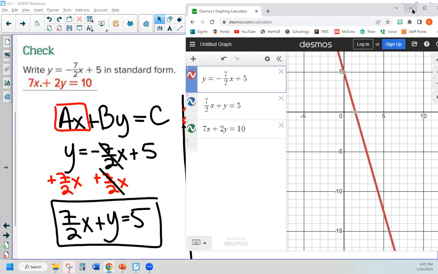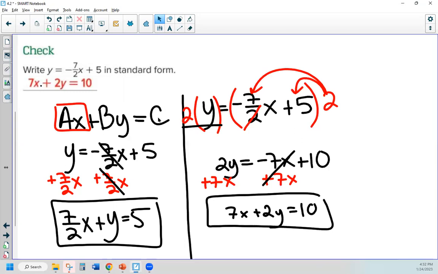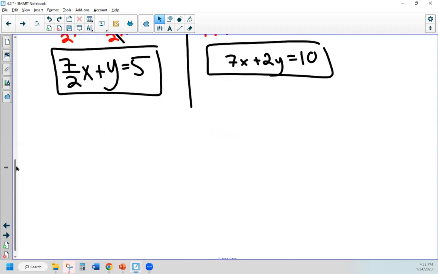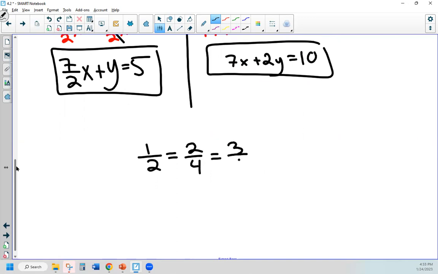So what's the difference? Or how is it that these 2 things are the same, even though they look completely different? It looks like they would make 2 different lines since these are 2 different types of equations. Well, hopefully I can answer that question by explaining to you fractions. Imagine the fraction 1/2. 1/2 is the same thing as many other fractions, like 2 over 4, or 3 over 6, or 4 over 8, right?